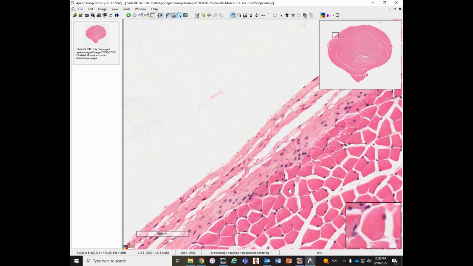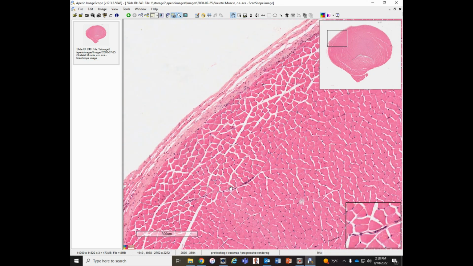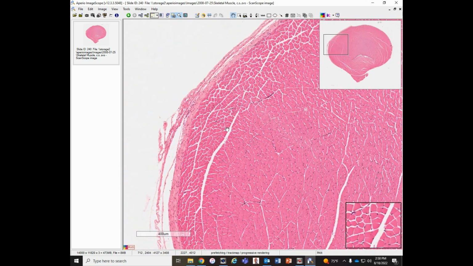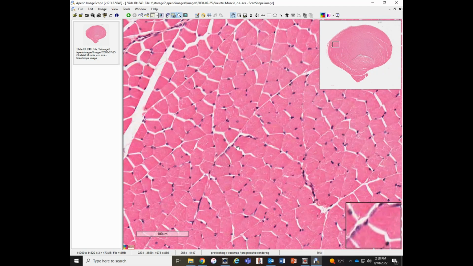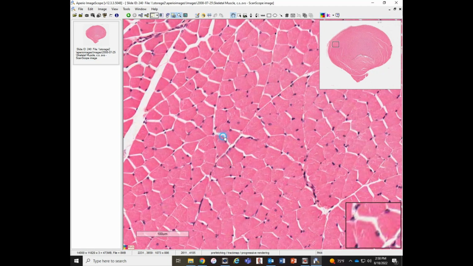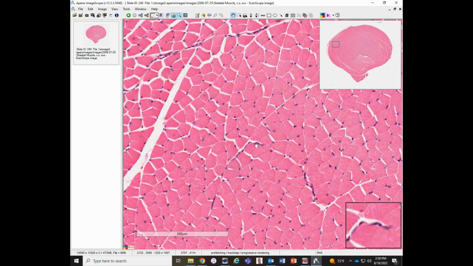So epimysium is here, and then the individual fascicles here, which are a little bit less distinct than they were in the nerves, but the individual fascicles are separated by perimysium, and surrounding each individual muscle cell is a very, very thin layer of connective tissue called the endomysium. So that's not super obvious right here, but those differences are all present.